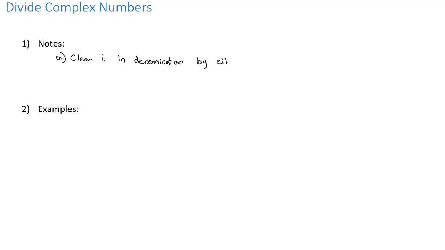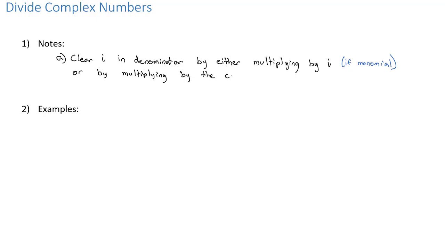by either multiplying by i, and we multiply by i if we have a monomial, or just one thing in the denominator, or by multiplying by the conjugate of the denominator.